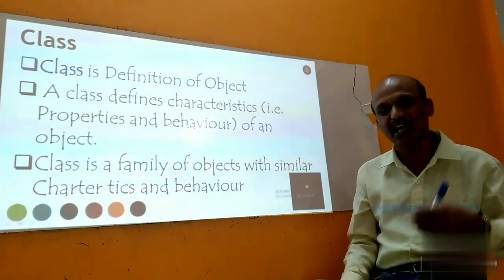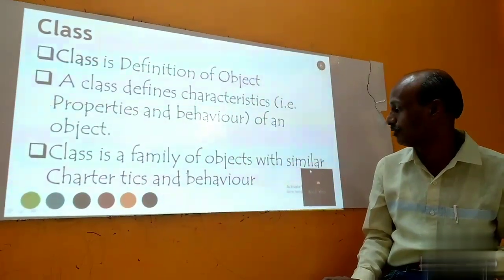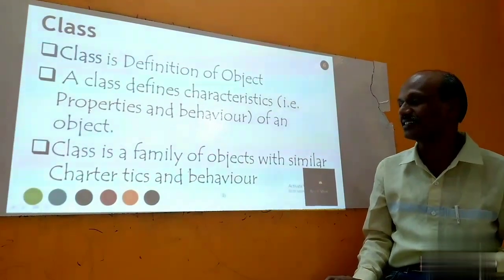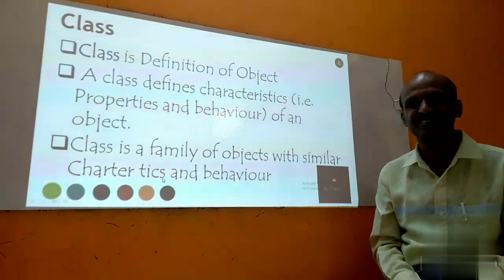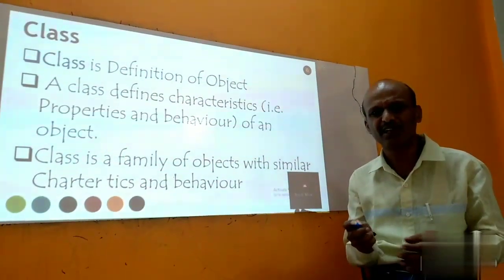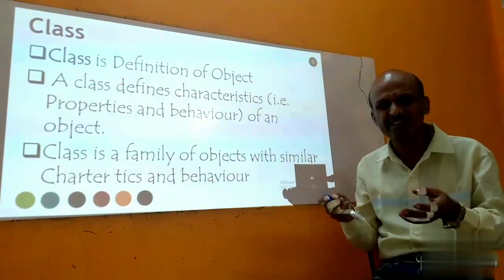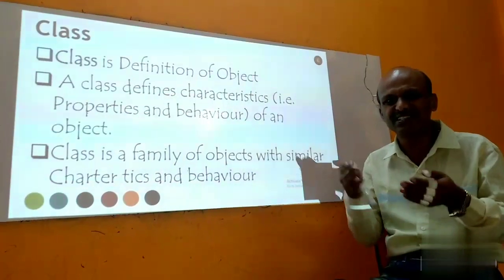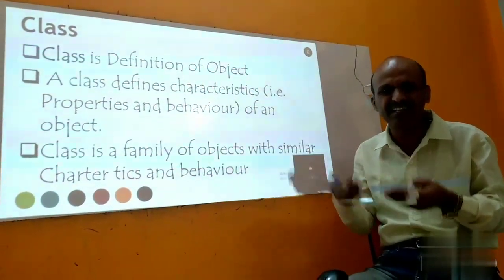Or in another definition, a class is a family of objects with similar characteristics and behavior. For example, student is one class. Students have the same characteristics and behavior. Student has roll number, name, age, sex, marks as properties. Behavior: he is giving examination, he is running, writing, eating.